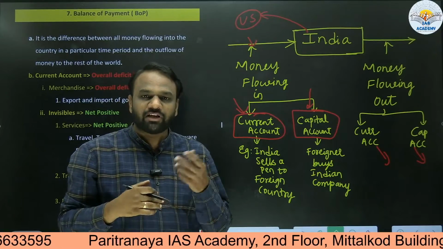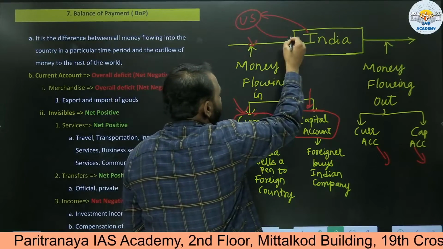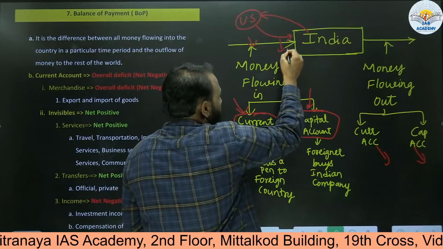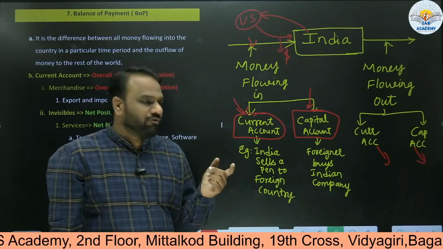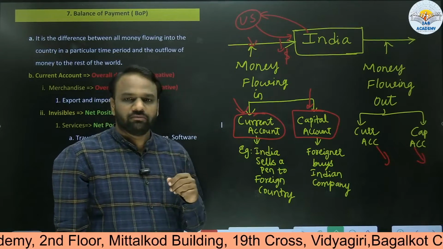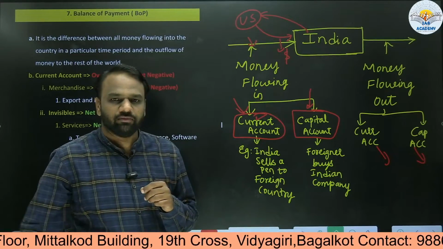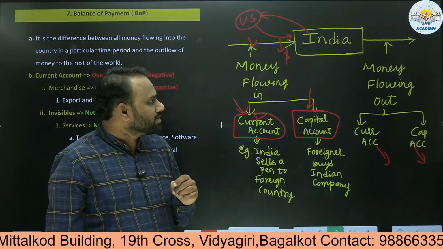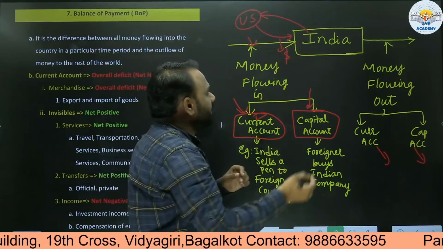Obviously it will earn money, especially it will earn dollars. USA will give India money, it will be dollars. When this money comes to India, where will it go, into the current account or capital account? It will go into the current account.